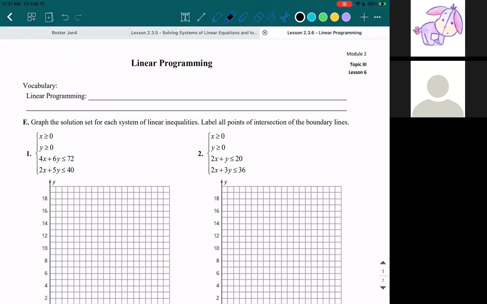It's simply a math technique used to maximize or minimize a solution to a set of linear inequalities.